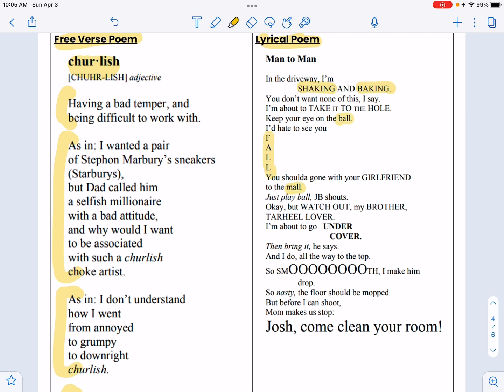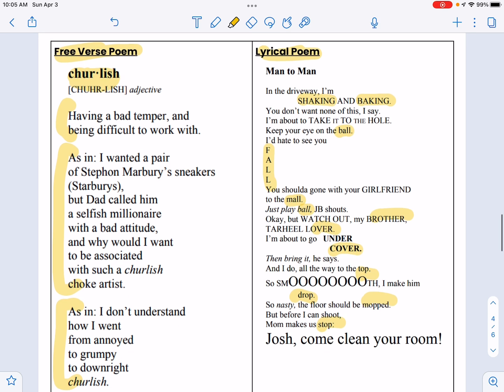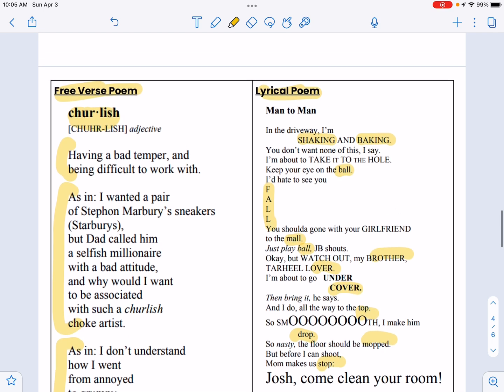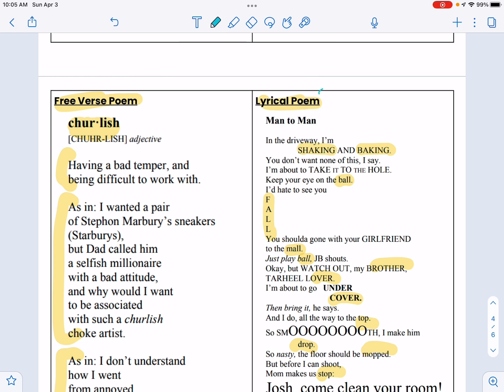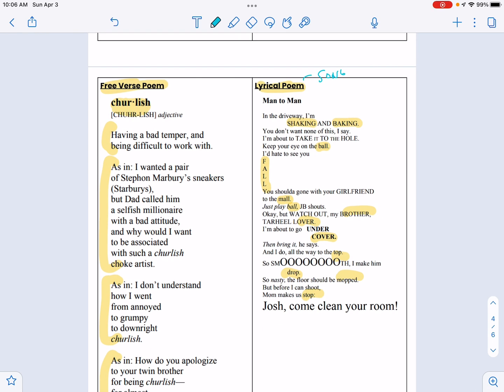Ball, fall, mall, ball, brother, lover, cover, drop, mopped, top, stop. So when you are thinking of a lyrical poem, think of writing a song, because The Crossover didn't really have really good song lyrical poetry examples. But the main part to think of is that rhyme.